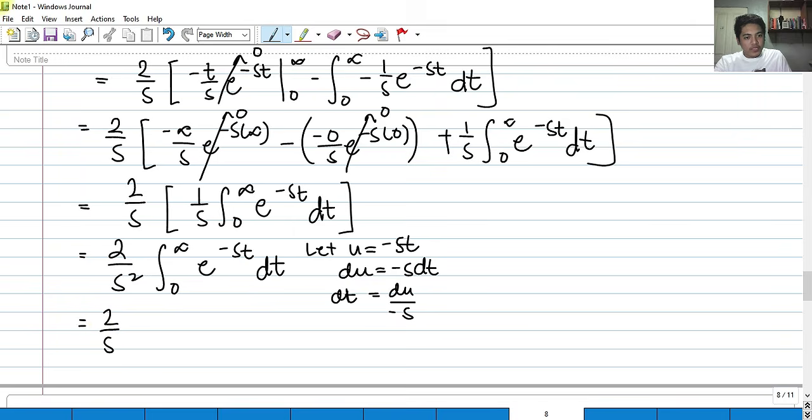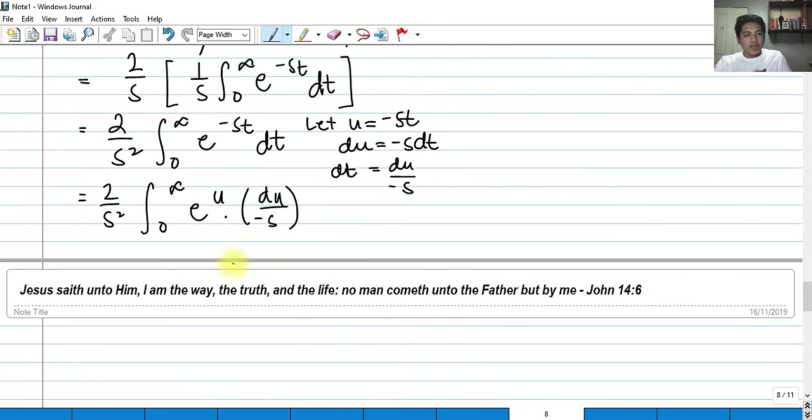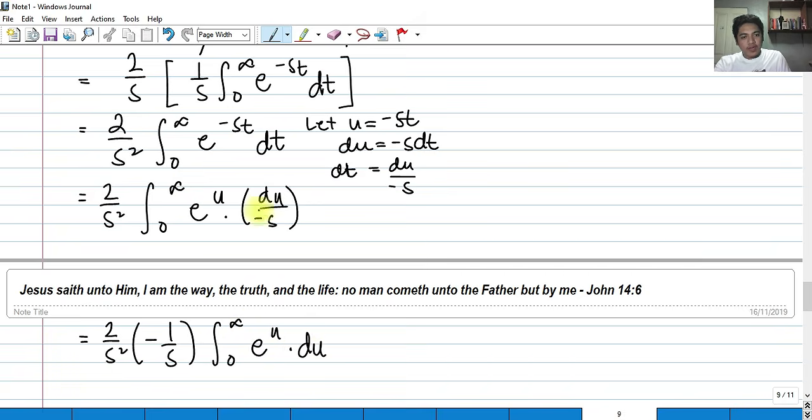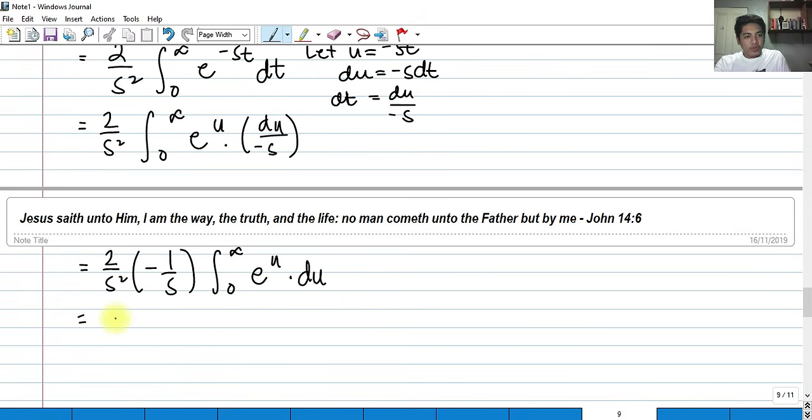So we have 2 over s squared, integral from 0 to infinity of e raised to u multiplied by du over negative s. I can again factor out negative 1 over s outside of the integral sign. So negative 1 over s integral from 0 to infinity of e raised to u du, because I'm integrating with respect to u. So we have negative 2 over s cubed integral from 0 to infinity of e raised to u du.